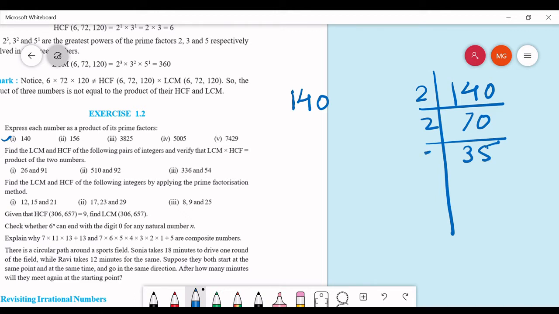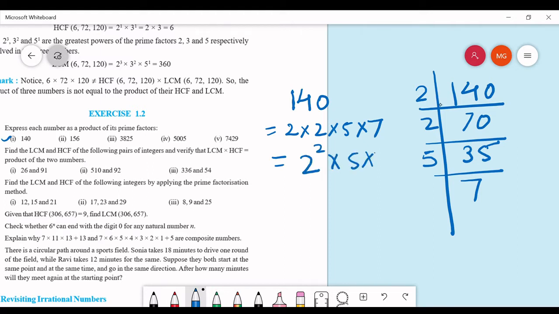Then you are getting again 5, then 7, right? So you got 140 equals to 2 multiplied by 2 multiplied by 5 multiplied by 7, right? So this is 2 to power 2, 5 and then 7, right? So this is how you will be explaining this number, right?